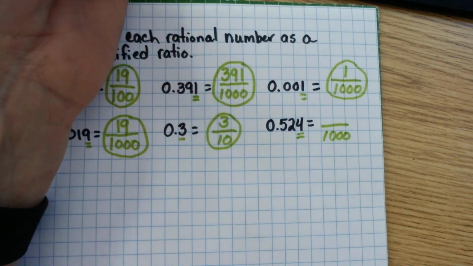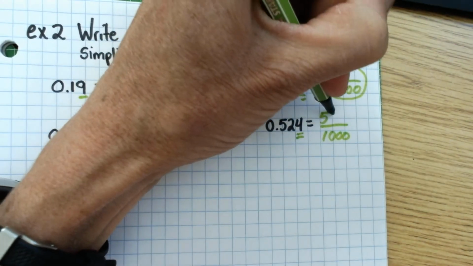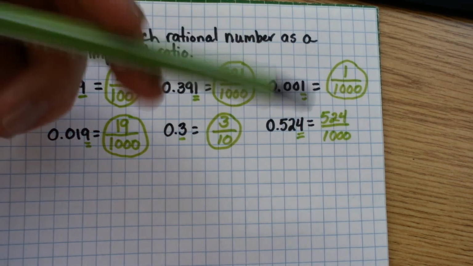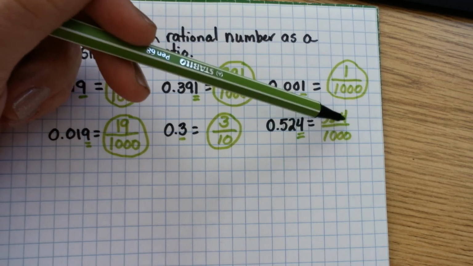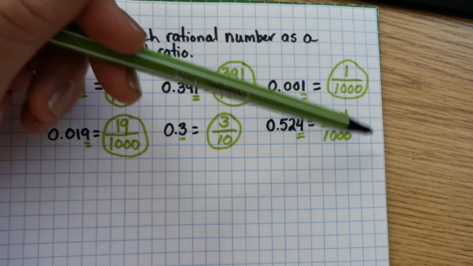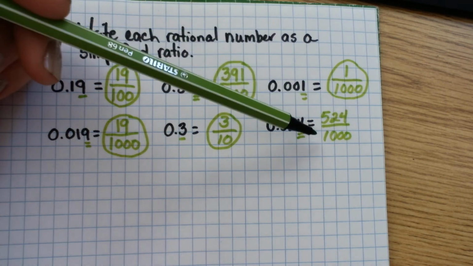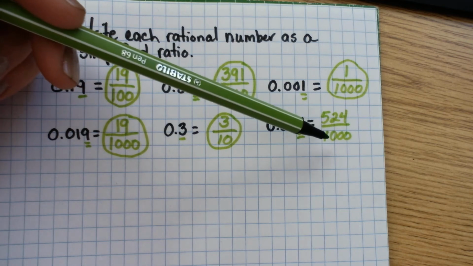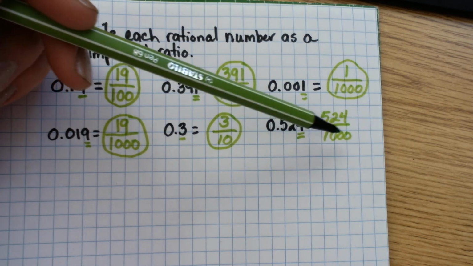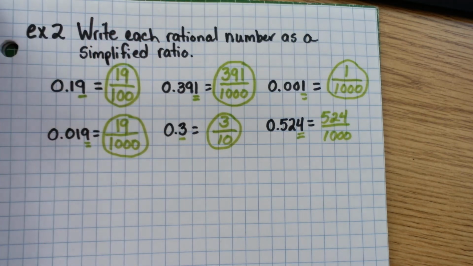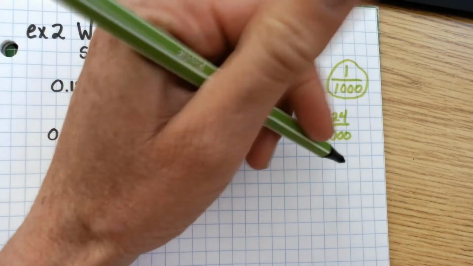Our denominator is 1,000. Our numerator is 524. Both of those are even numbers, so you could divide them each by 2 to simplify, but I happen to know that 4 goes into both of these. I know 4 goes into 1,000 evenly, 250 times, and 4 goes into 24, the last 2 digits there, so I know 4 will also divide evenly into 524.